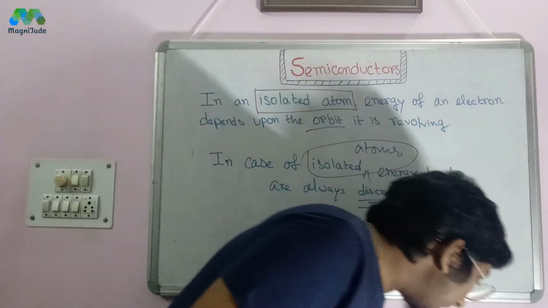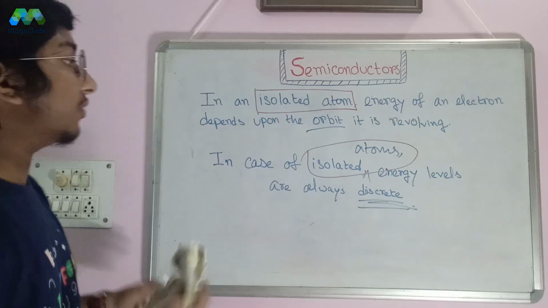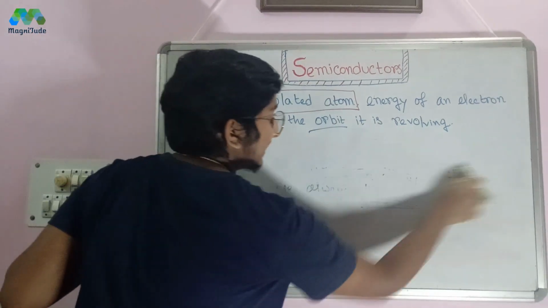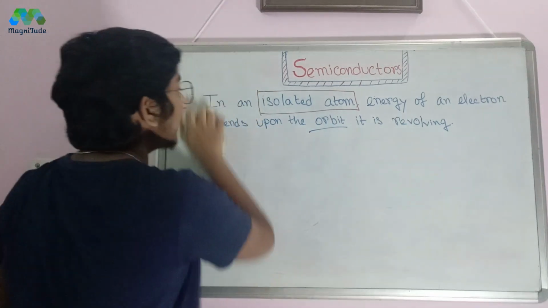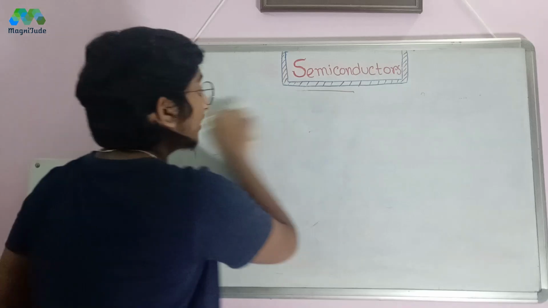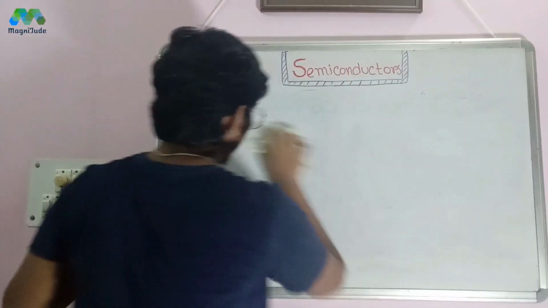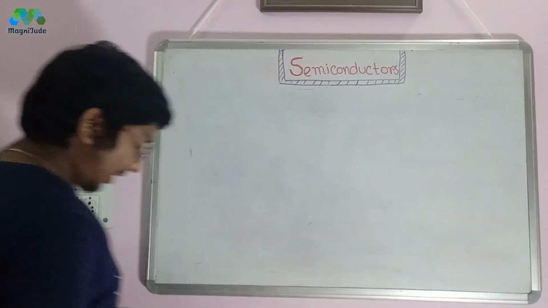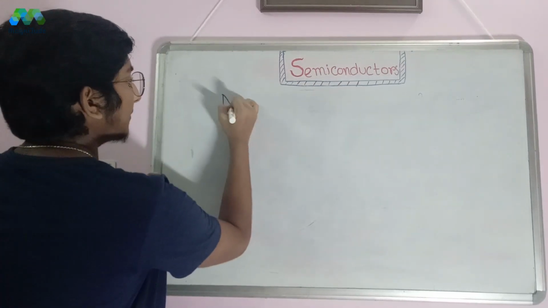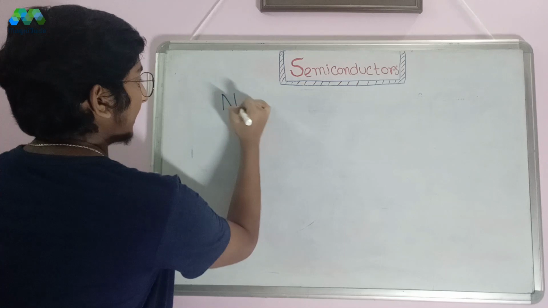Now we will understand what happens when a crystal forms. As I said, in isolated atoms all the energy levels are discrete, but in crystals this is not possible. Take sodium, represented by Na.